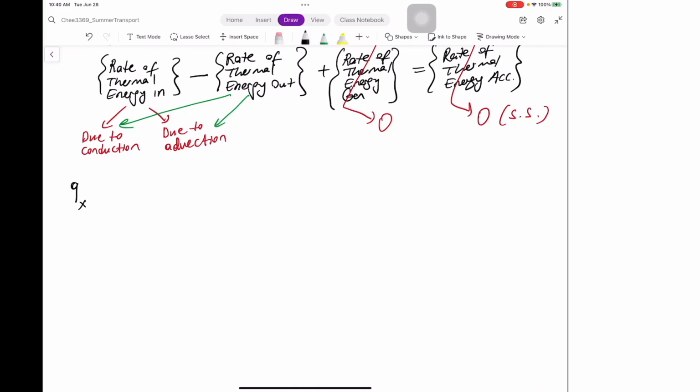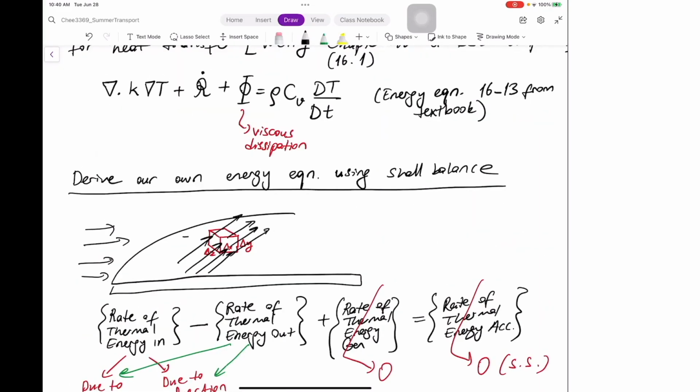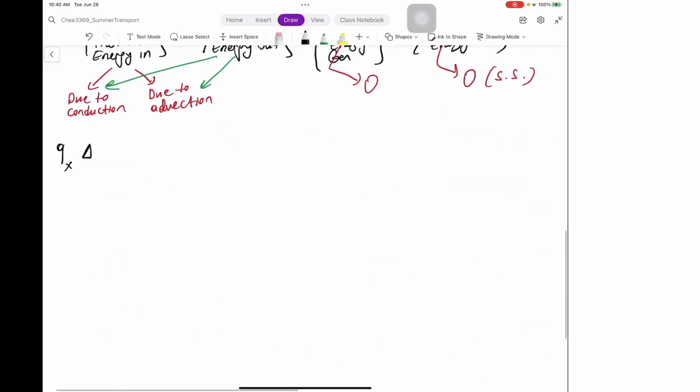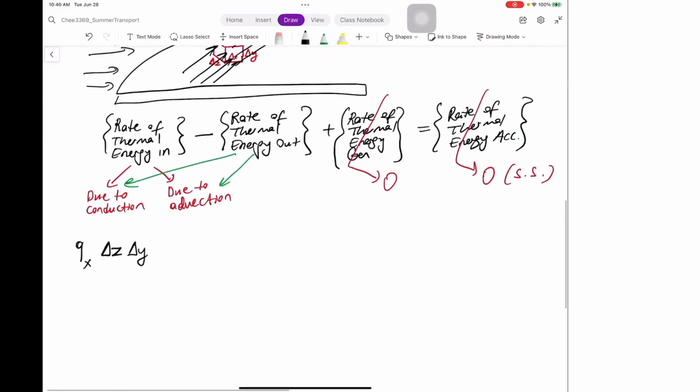But you multiply it with the surface area. The one coming along the x direction meets the surface area of delta z times delta y. Correct?